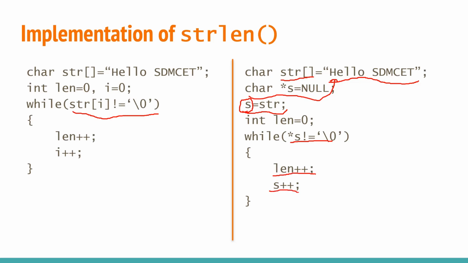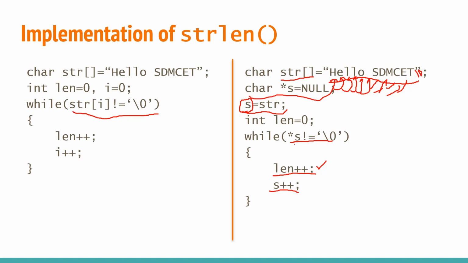When I write s = s + 1, I know that now this pointer s points to e. In the next iteration it points to l, in the next iteration to l again, followed by o, followed by space, followed by s, d, m, c, e, t. When all this comparison is done, length would have been incremented appropriately, and after that it has backslash 0.